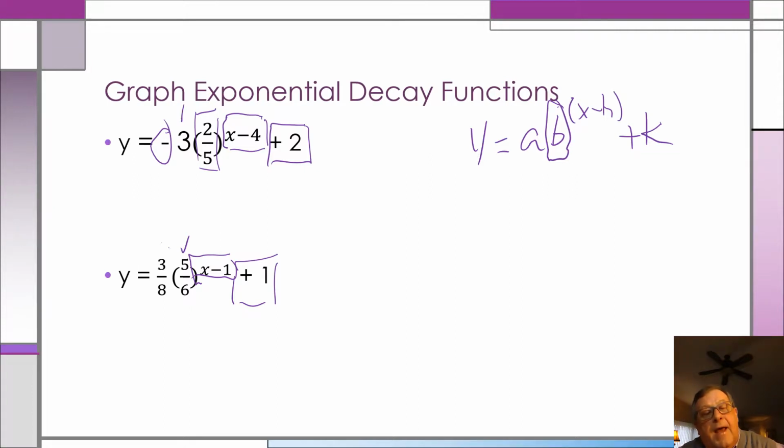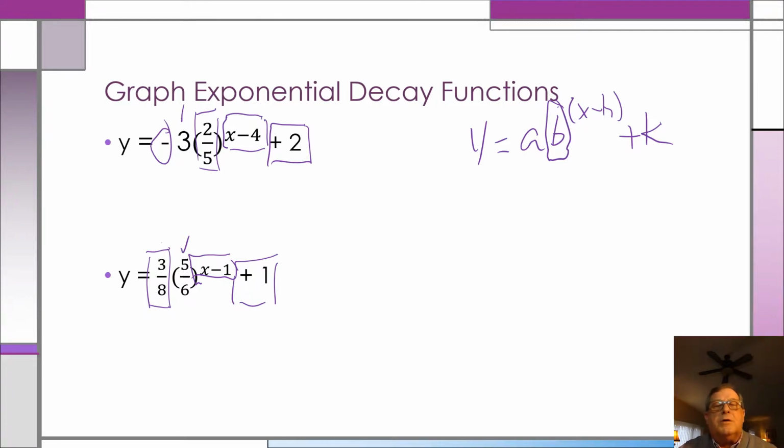And then a is 3/8, so its absolute value is greater than 0 and less than 1, and it's going to compress the function vertically. That's what I expect to see just by looking at the function equation itself. You need to train yourselves to look at the function and begin to predict what's going to happen.